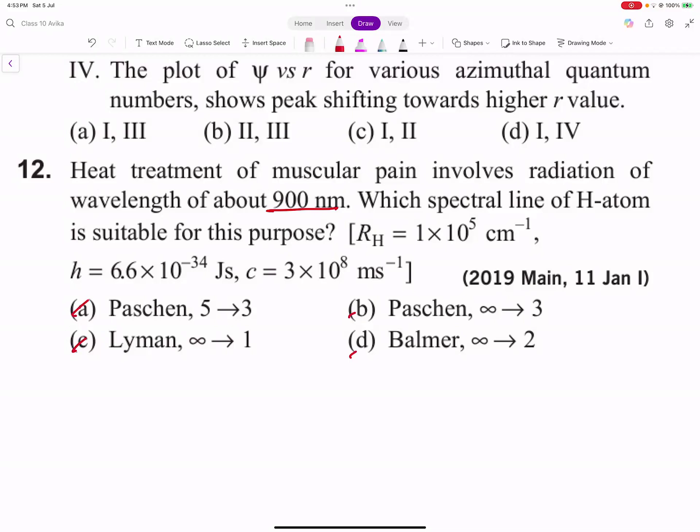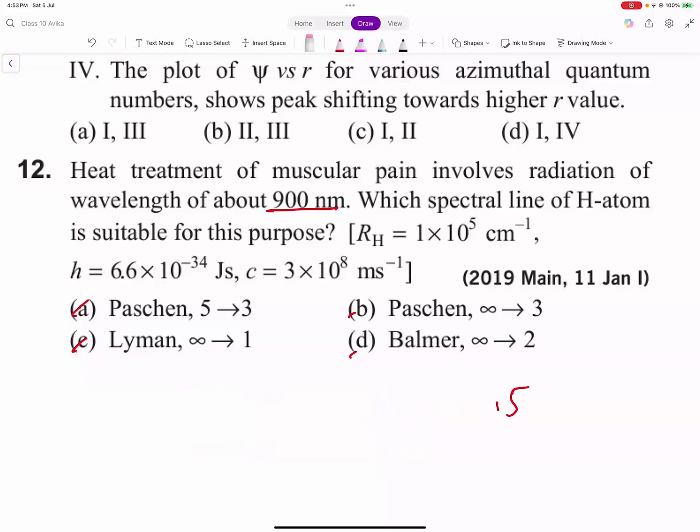From infinity to 3, how much is the energy level? It will be 0 minus this, 13.6 by 3 square eV. How much is it coming? 1.511. Is it the same as yours? No, I'm getting 1.3811.